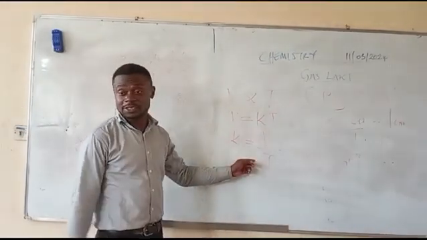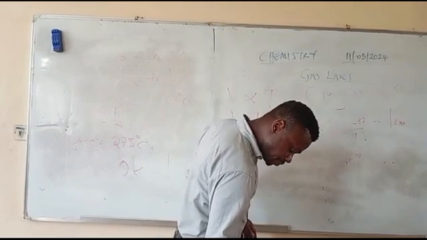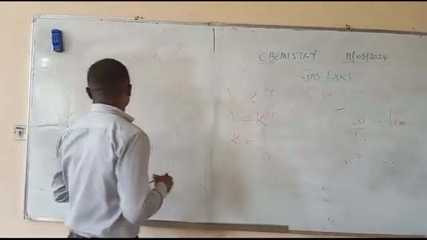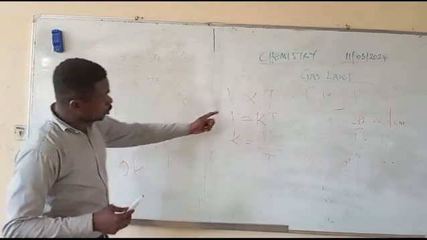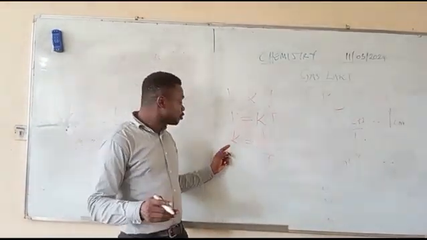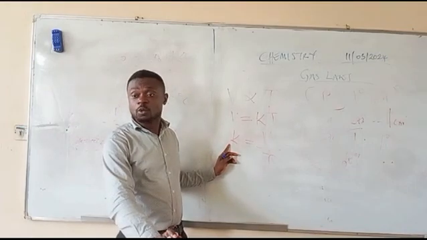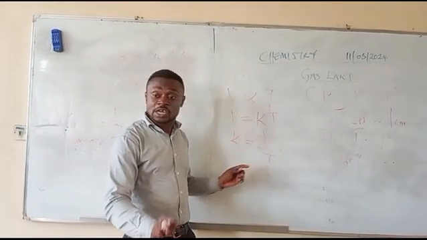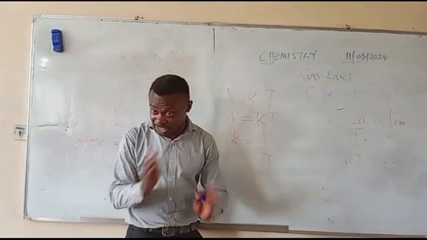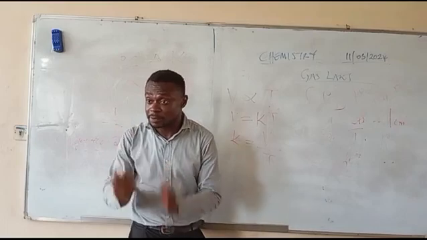Can you see the board? Good. Okay, let me explain. Now, look at the board. I'm trying to explain the meaning of this constant here. Let's assume, because we are talking about variation, change in volume with regard to change in temperature.